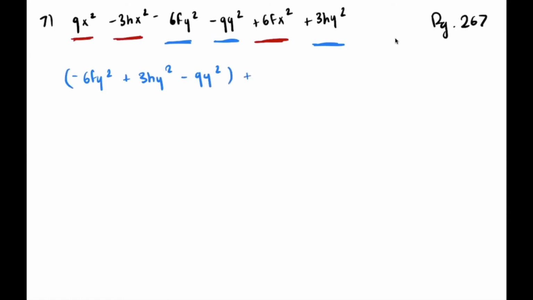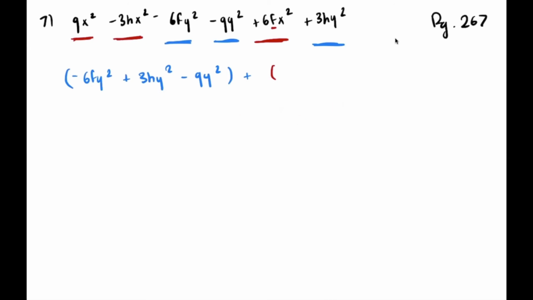Plus, now we will use the term that has f in it, just like this has f. The first term should have f, the second one should have h, and the third one should have g.